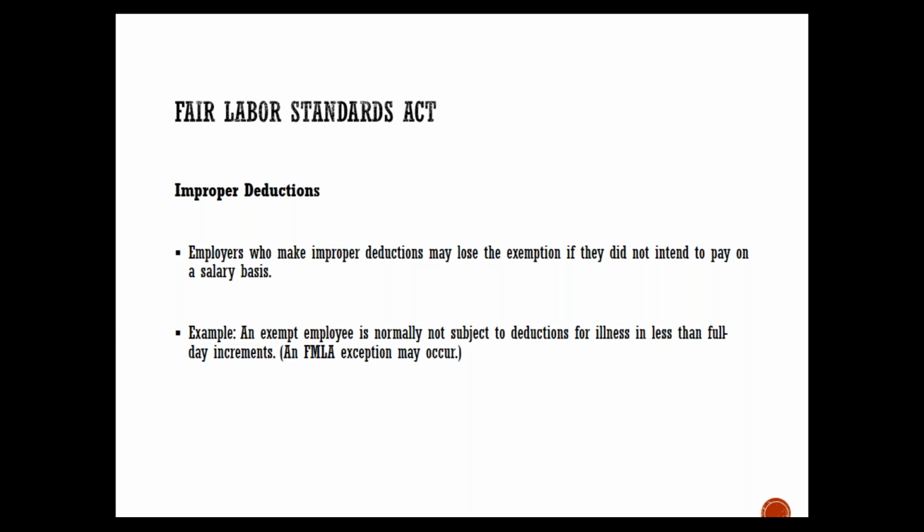Say someone was out for 3 hours for a personal reason, and you deduct their salary for those 3 hours, you lose that exemption, and that person must go non-exempt and be paid by the hour. So it's very, very important that you have written in your policies about improper deductions.